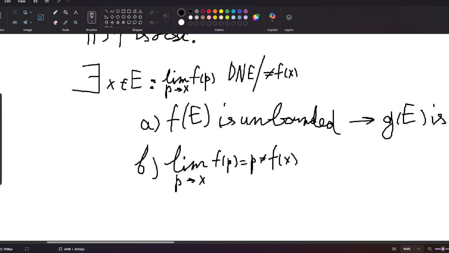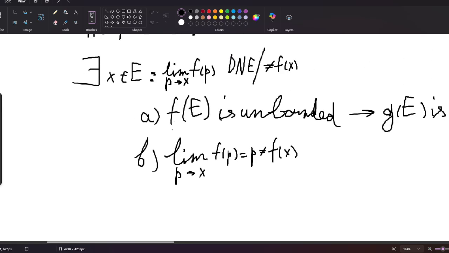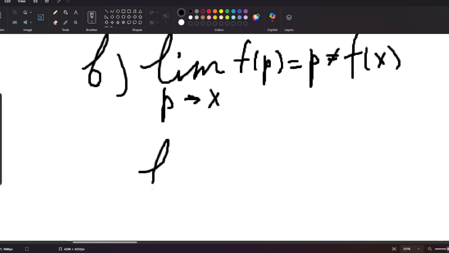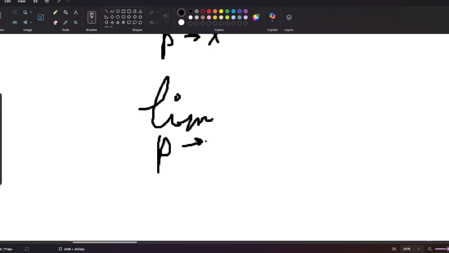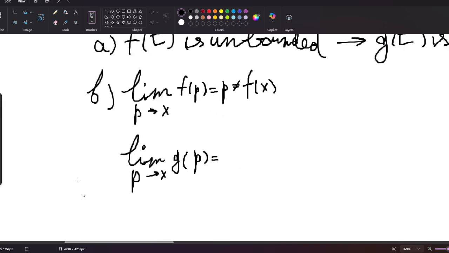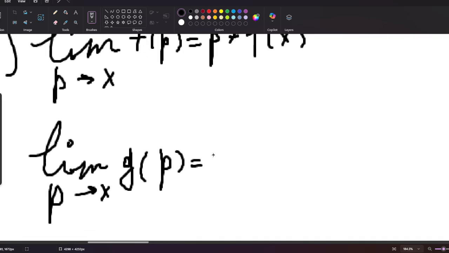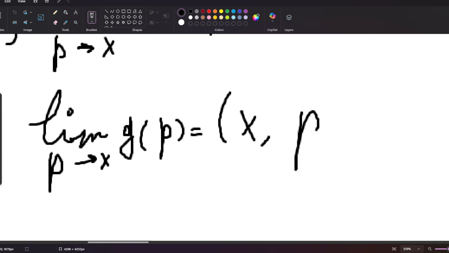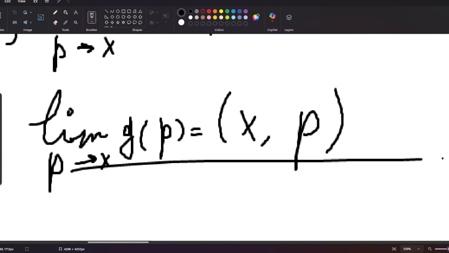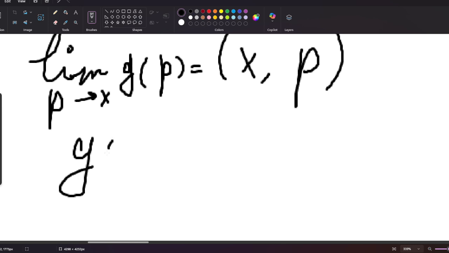Well, then we have trouble, because if we take the limit as p approaches x of g of p, it is going to be equal to (x, the limit). And mind you, g of x is equal to (x, f of x).